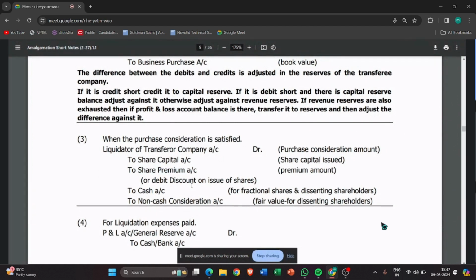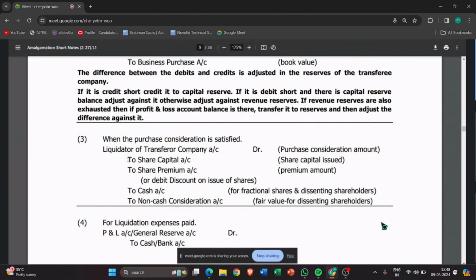Similarly, if you're issuing at a discount, you will have a debit here. You will debit discount on issue of shares and credit share capital. So if you're issuing 10 rupees worth of share at 8 rupees, you will write it as to 10 rupees itself, but the discount will be written as 2 rupees in the debit, so that the share capital will come down to 8 rupees.